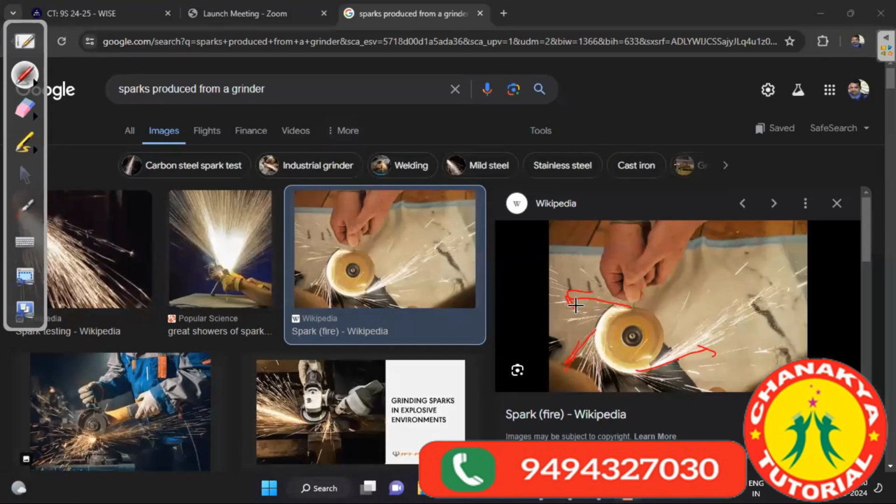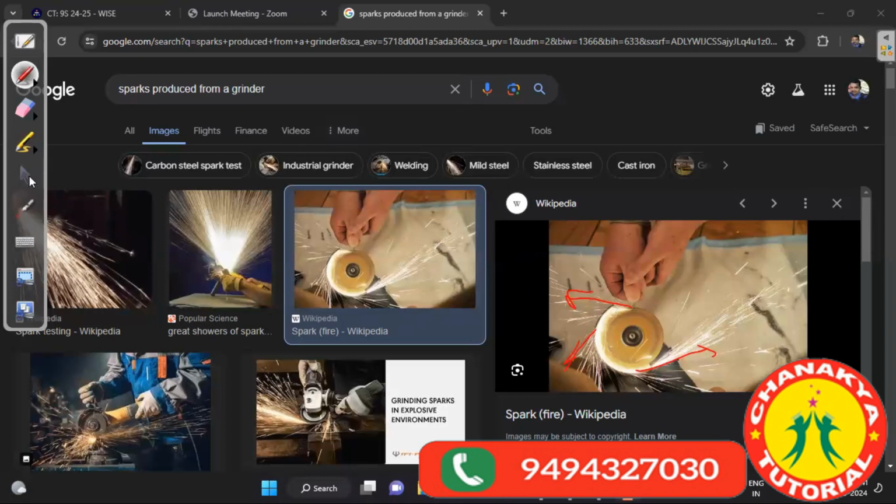Yes, sir. So when an object is moving in a circle, is the motion at constant velocity or is there a variable velocity? Yes, we have a variable velocity when the object is moving in a circle.